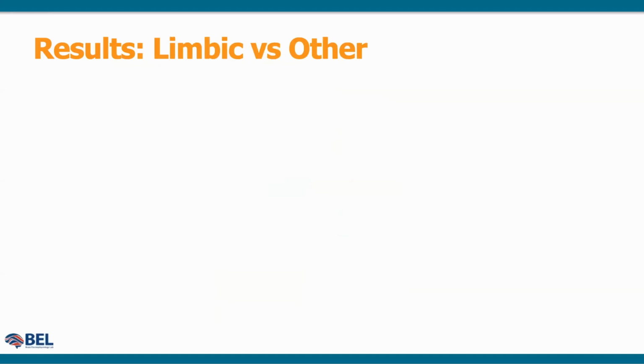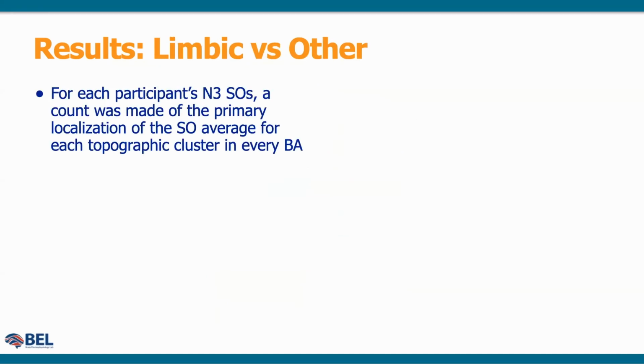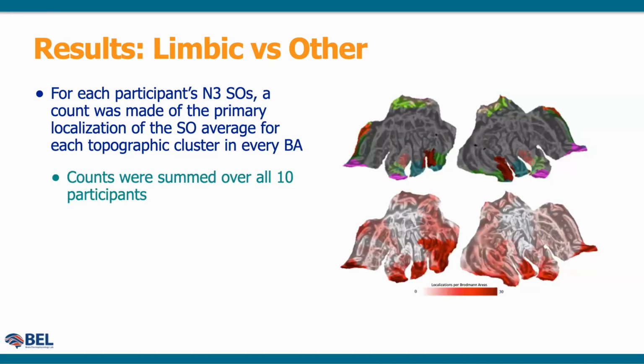So moving on to our results, what we did is for each participant's N3 SOs, we counted the number of times the peak fell within the limbic or non-limbic areas. And then we summed those over all participants.